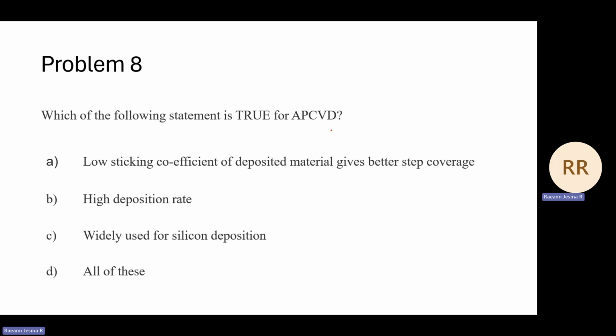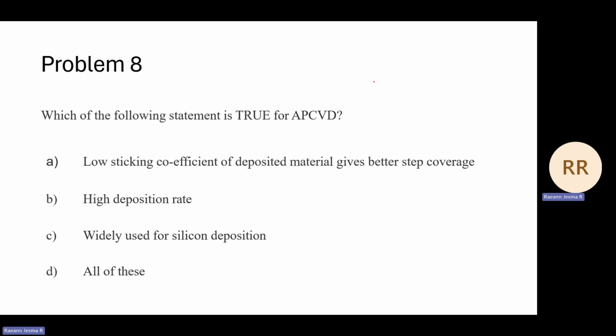This is a multiple choice answer. What is the answer for this?